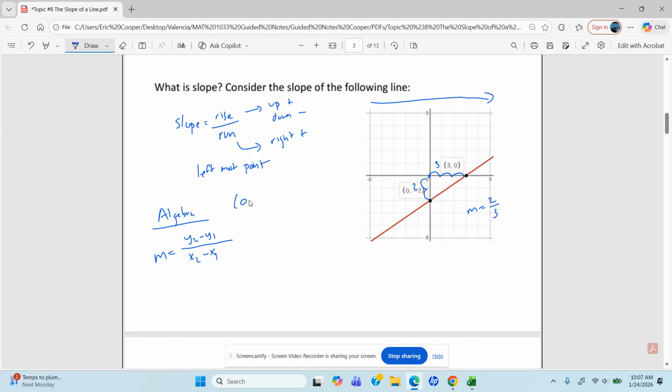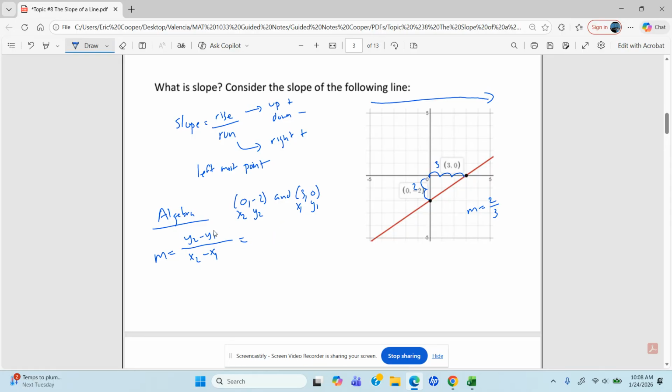So let's go back to the 2 points that we had over here, (0, -2) and (3, 0). All we need to do is label these as x's and y's, and it doesn't matter which one we do as which when we do this. So for this example, I'm going to call this x1, which means this has to be y1, and then I'm going to call this x2, which has to be y2.